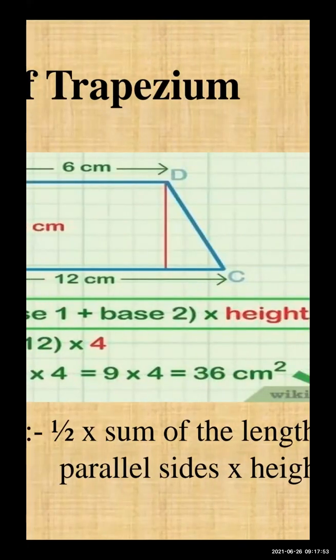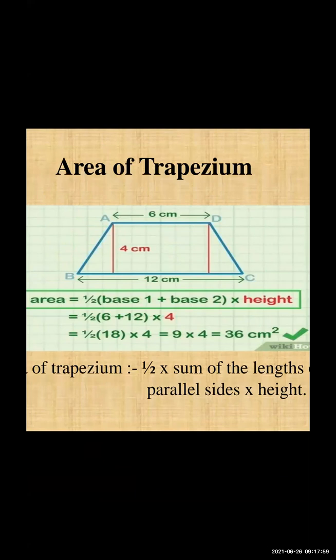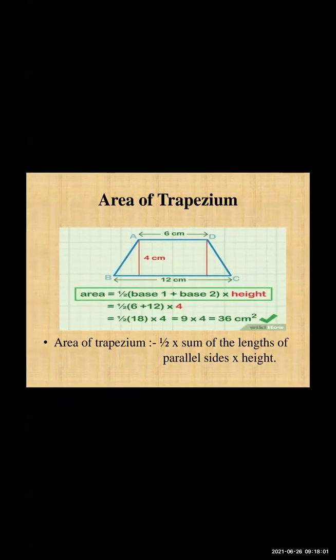So the unit is very important. Values were given in centimeter. So we gave the unit as 36 centimeter squares. So this is the formula for area of trapezium, and that is 1/2 into sum of lengths of parallel sides, or you can write base 1 plus base 2 multiplied by height. One and the same thing.